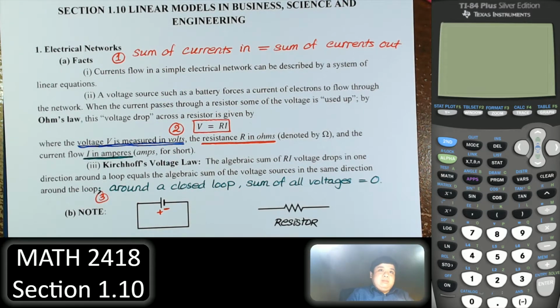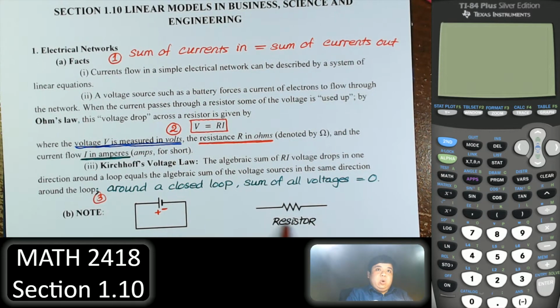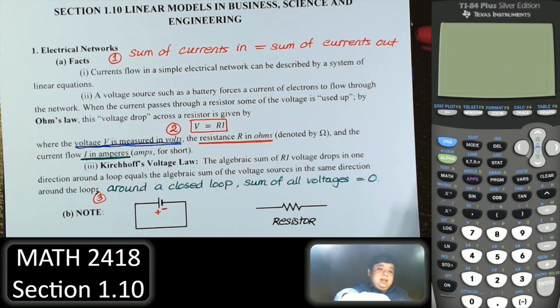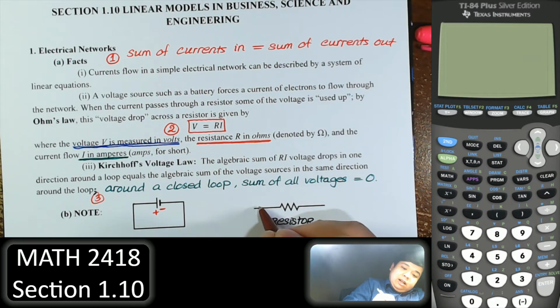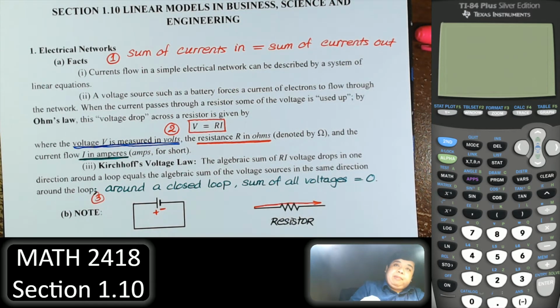For the resistor, there's no direction given, so we just have to assume a direction for the current, let's say going this way. But on the power source we do not have to assume.